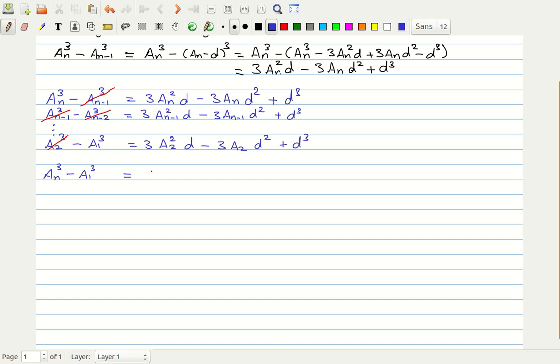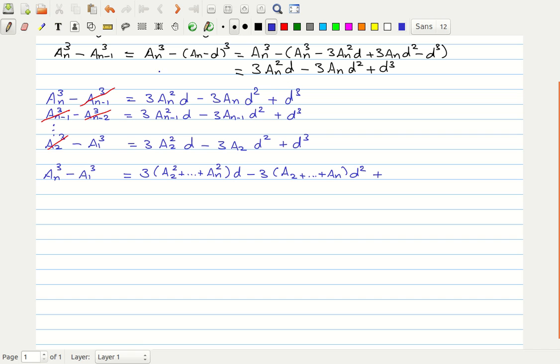This is going to be equal to 3 times a2 square all the way to an square times d, minus 3 times a2 plus all the way to an times d square, plus we will add all the d cubes, right?